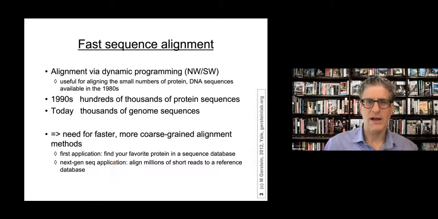Here we are. So now I'm going to tell you a little bit about what people have done with developing fast alignment approaches. You can see that with the increase in data, there's been an evolution of different approaches, in addition to computers getting faster.